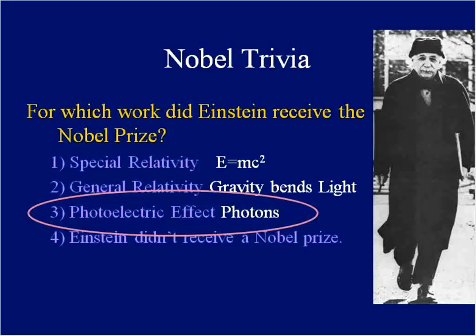Then Einstein got the Nobel Prize for the photoelectric effect, which established that photon behavior is there in light. Otherwise, what is light? That was a long debate in those days.